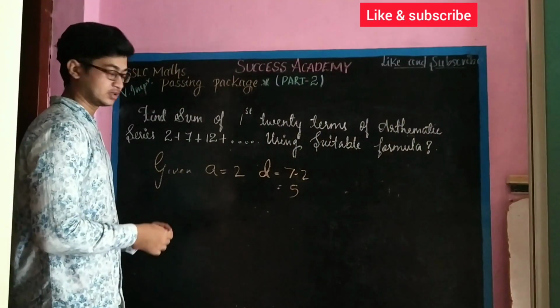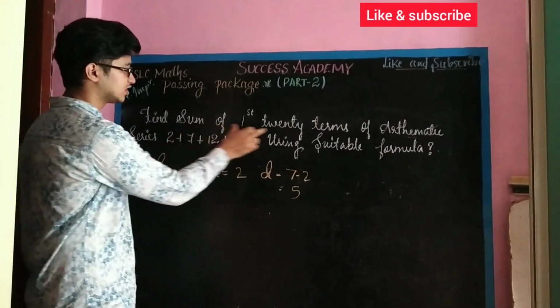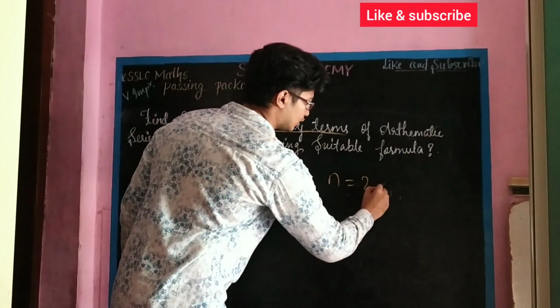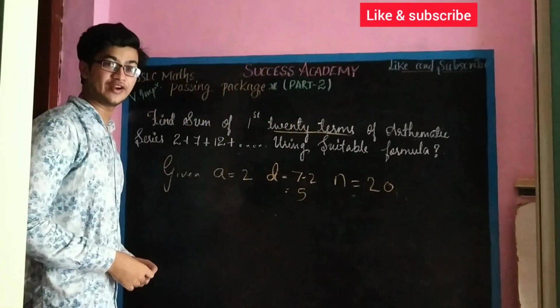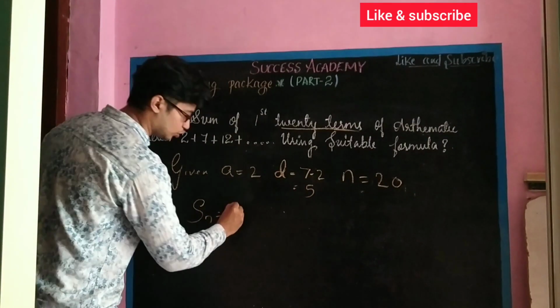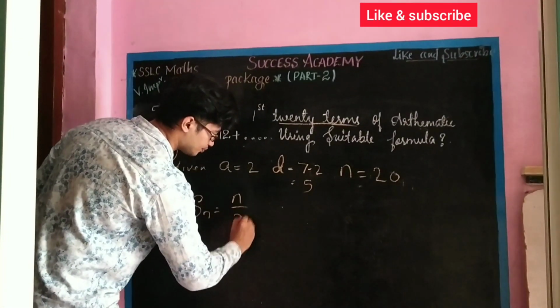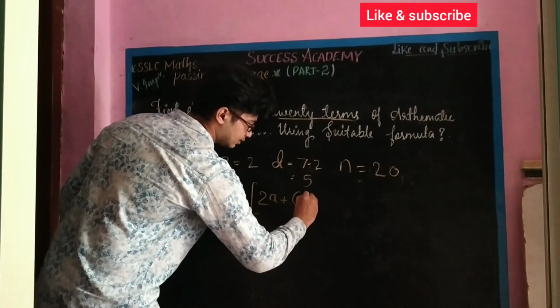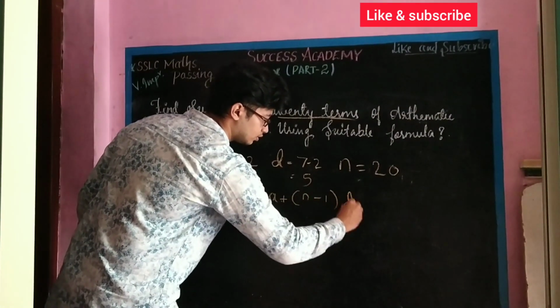Next, n. They have given n. The sum of the first 20 terms means n is equal to 20. Okay, we have to find the sum, that means Sn. The Sn formula is Sn is equal to n by 2 into (2a plus (n minus 1) into d).